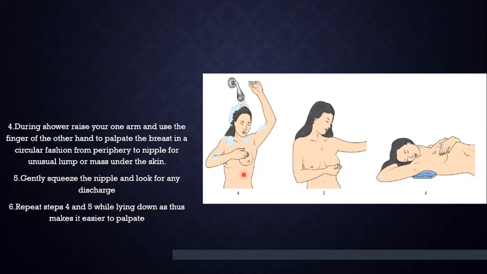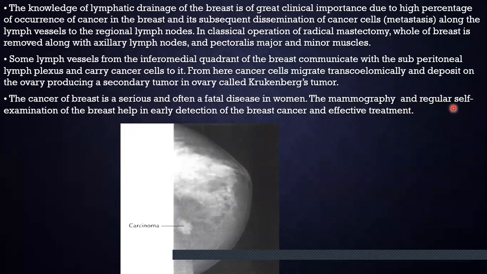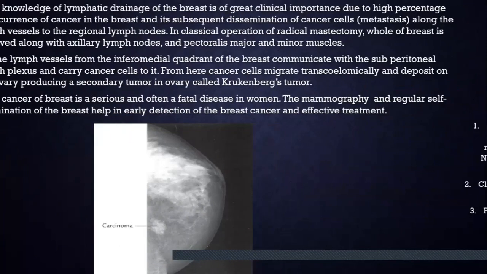So after doing this while showering, you can lie down and repeat what you had done. By doing that, you have carried out the regular self-examination, which should be regular, and which can help in early detection of breast cancer and lead to effective treatment.